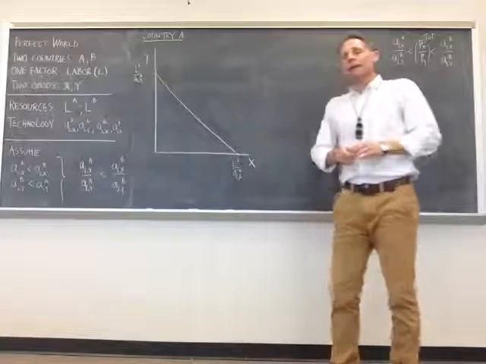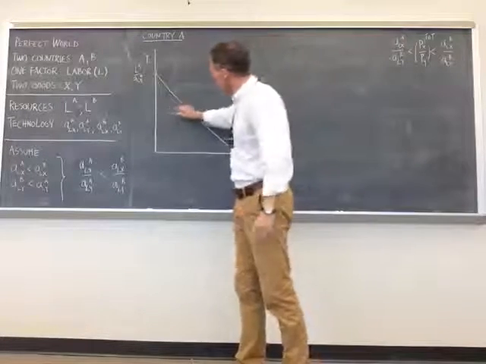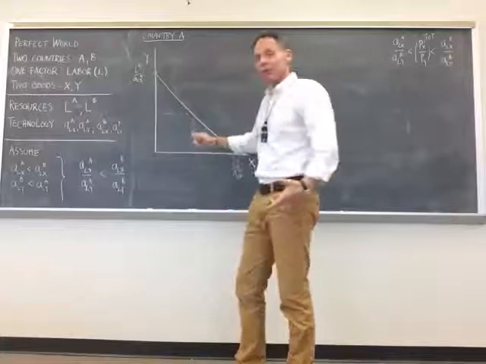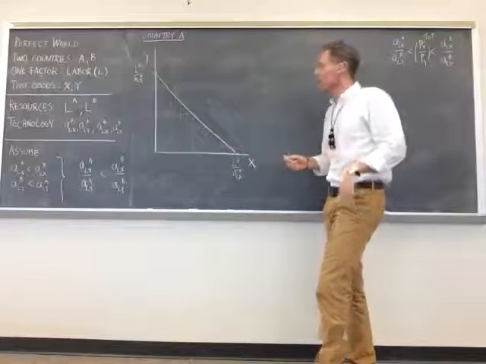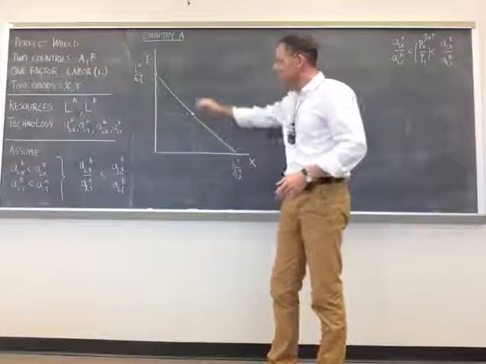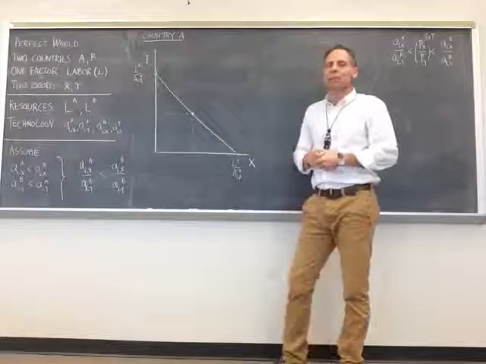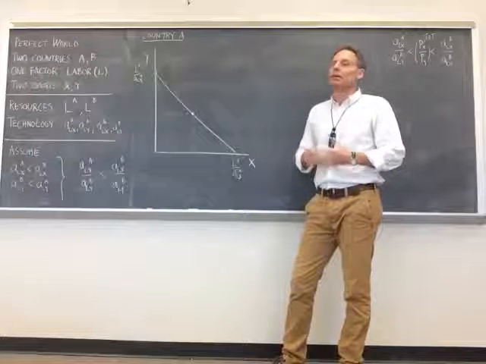Suppose country A has preferences, or the country, consumers and producers, have decided that they want to produce this many X and this many Y. And of course, if they don't trade, that is exactly the combination of X and Y that they will be consuming.